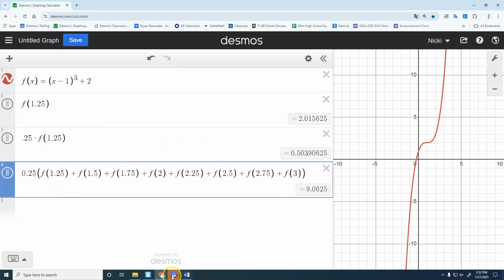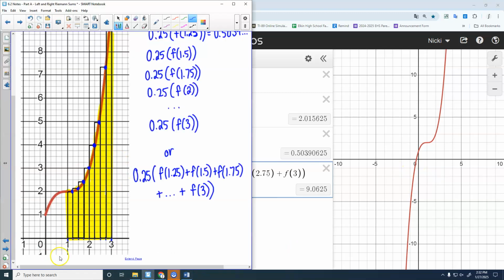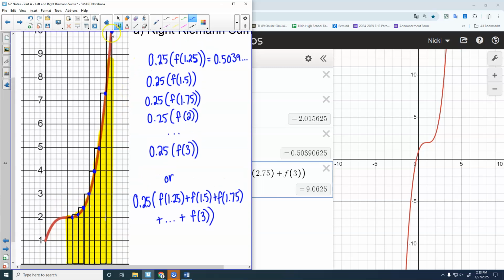If you were doing a right Riemann sum, then from 1 to 3, you don't use 1, because your right endpoint is on the graph, so you're not using that left endpoint of the graph. All these other points are your right endpoints.